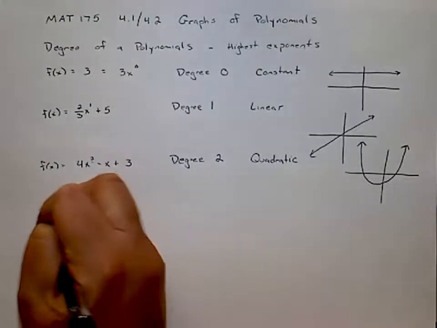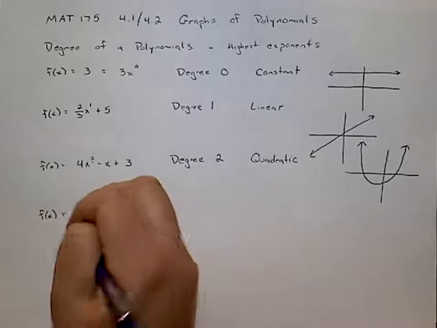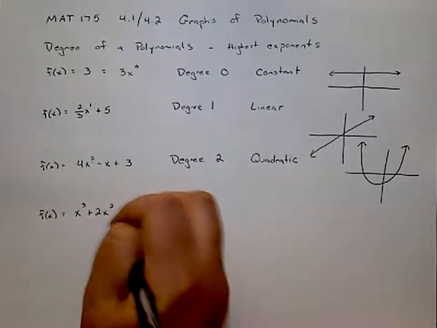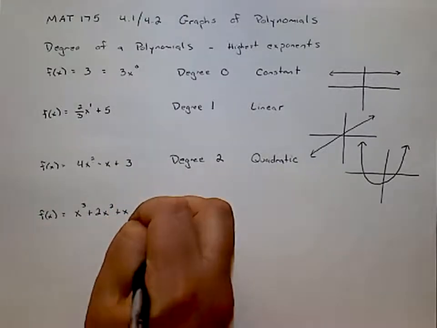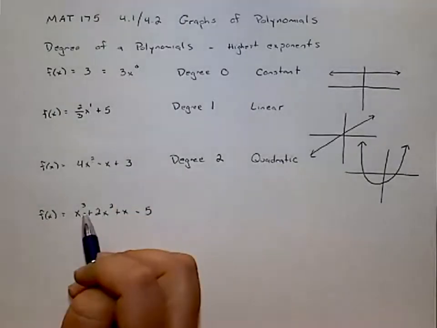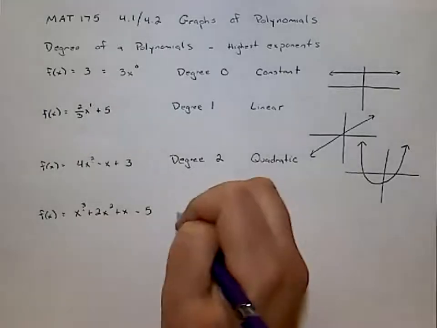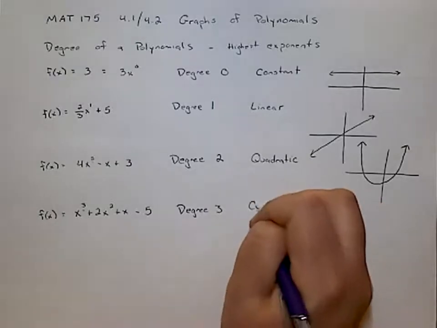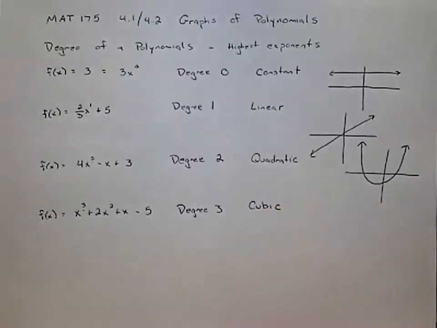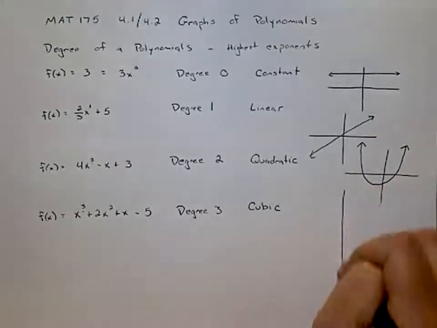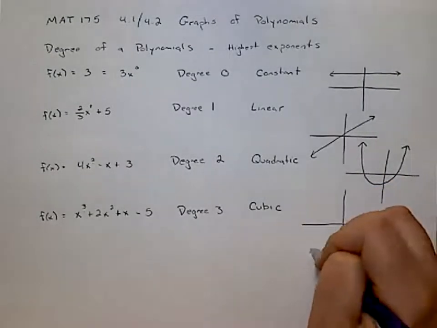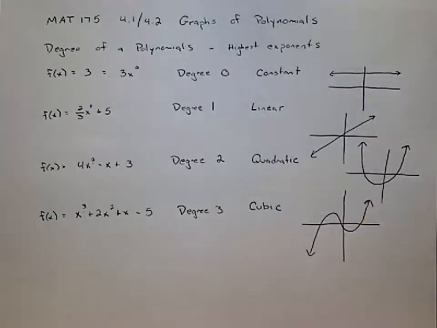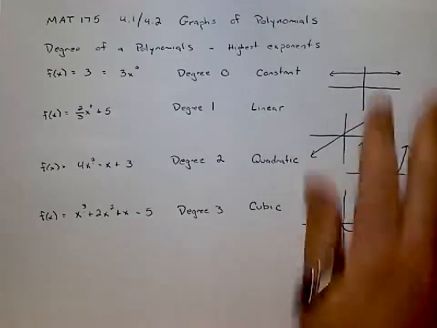Next, we have the function x to the third plus 2x squared plus x minus 5. The highest degree is 3. So we have a degree of 3. And this is referred to as a cubic polynomial or a cubic function. A cubic function could look something like this. Okay. And we'll talk more about all of these.